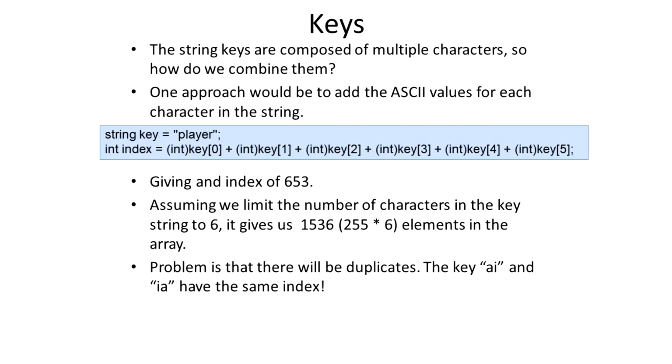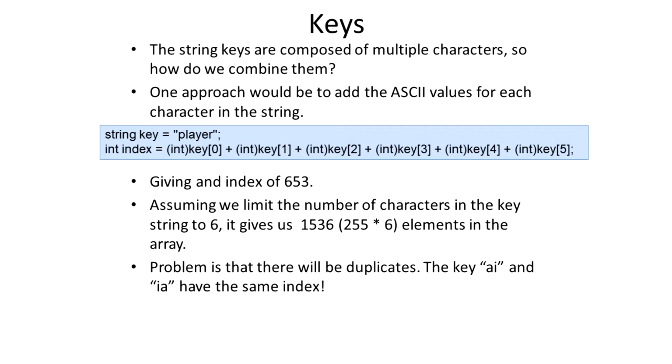But it wouldn't be advisable to rely on the ASCII code of a single letter, because there may be more than one word which starts with that same letter. So therefore, we can create more unique keys by adding together the letters within each word. So here you can see that for the string player, we're adding together the individual ASCII codes of those letters.